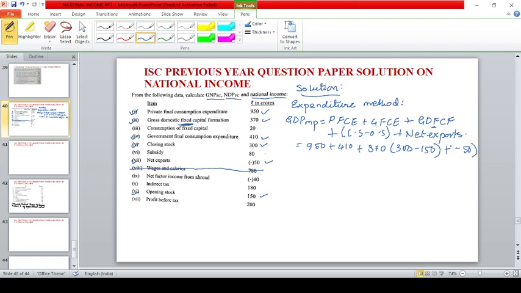So minus 50, do not ignore the sign. After calculating all this, we get the answer for GDPMP as 1830, that is rupees 1830 crore. This is nothing but GDPMP.